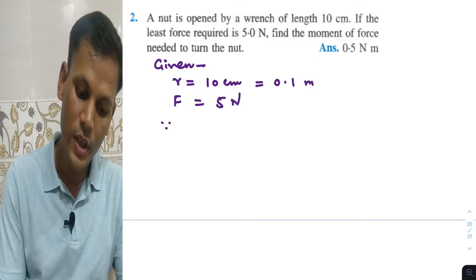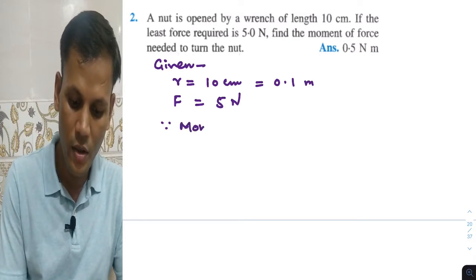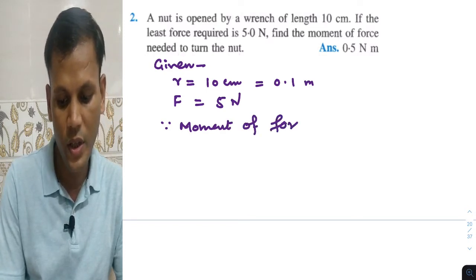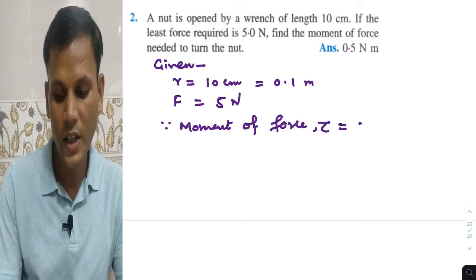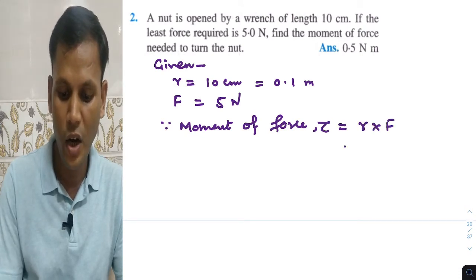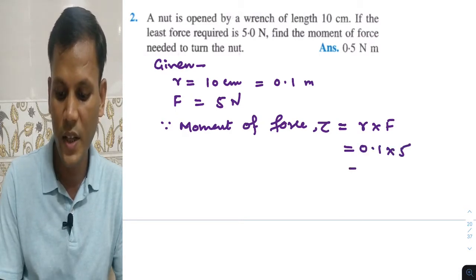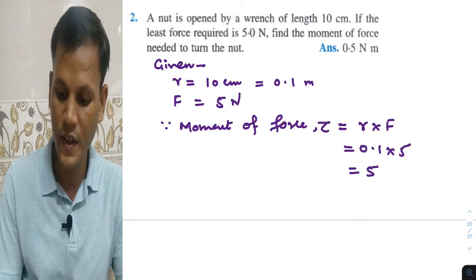So moment of force is to be calculated. We know moment of force, which we represent by torque, is equal to R into F. Now R is 0.1 into F is 5. So the answer will be 0.5.